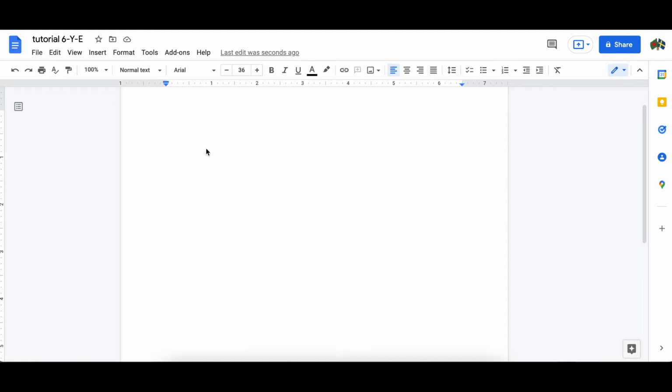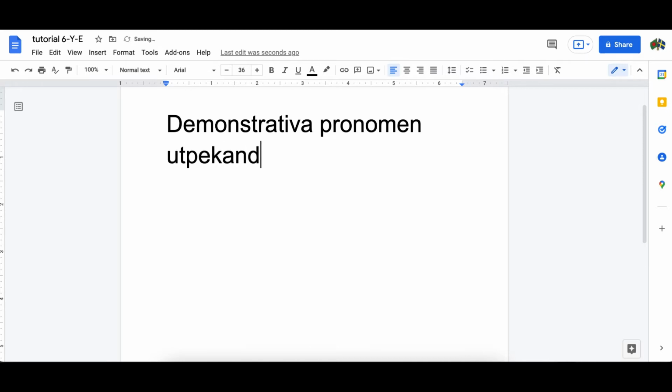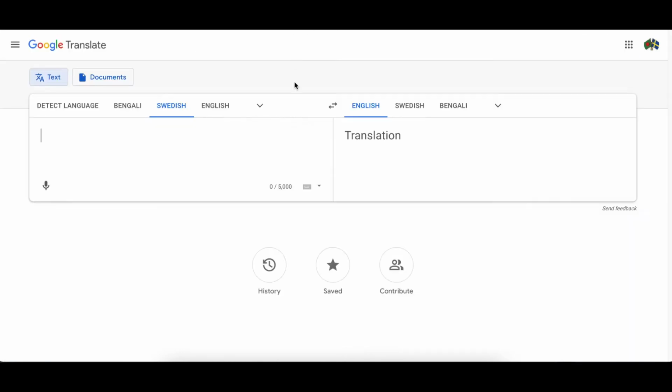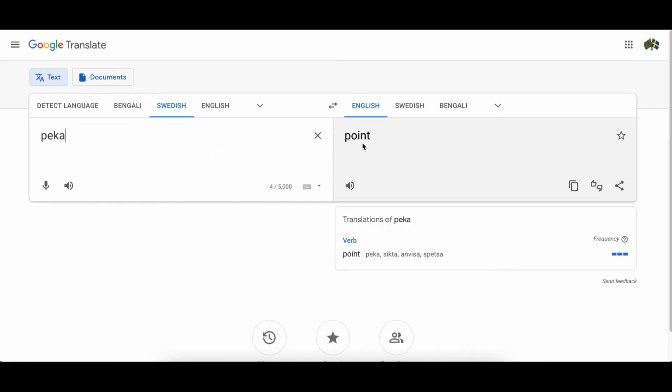De är demonstrativa pronomen. Demonstrativa pronomen. They are also called utpekande pronomen. Now, att peka, if we translate the word peka, it means point.